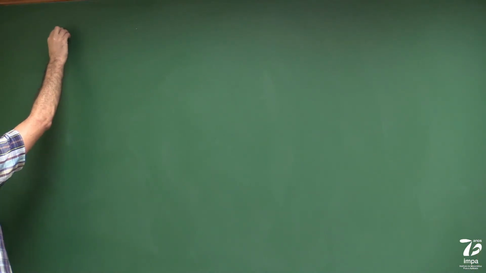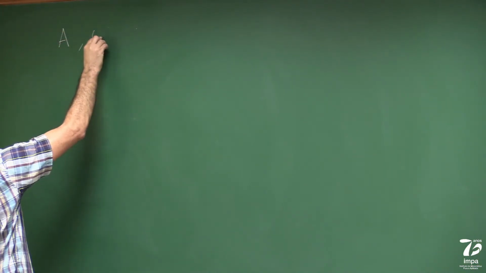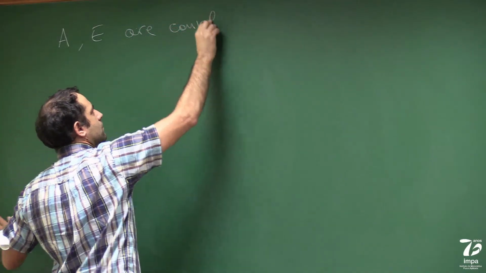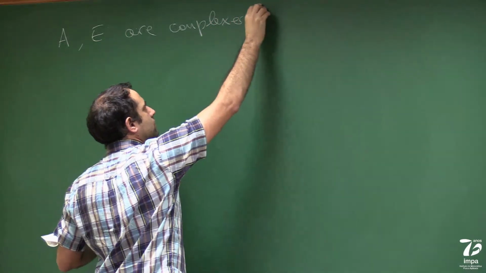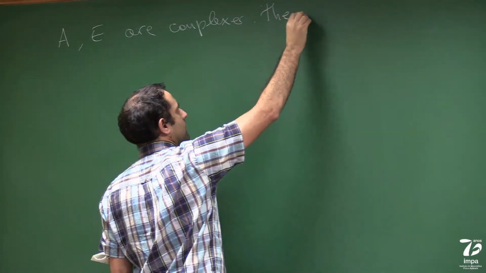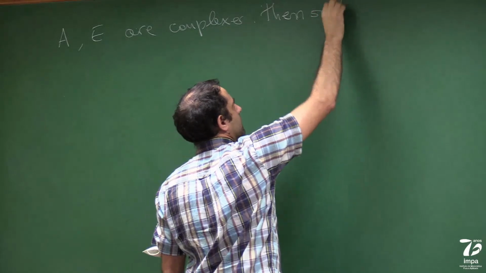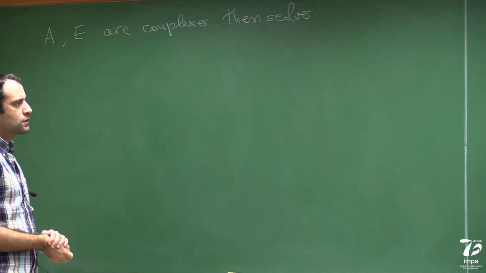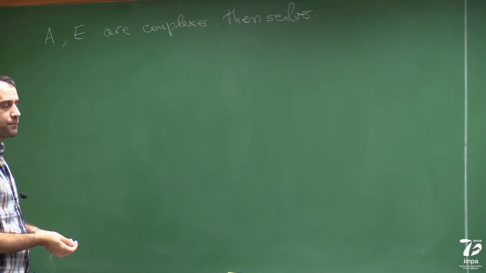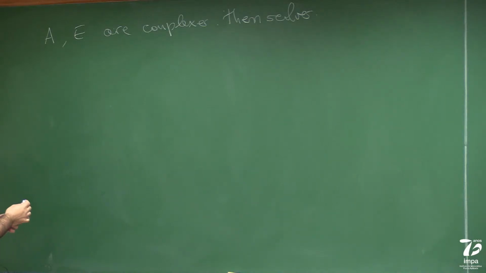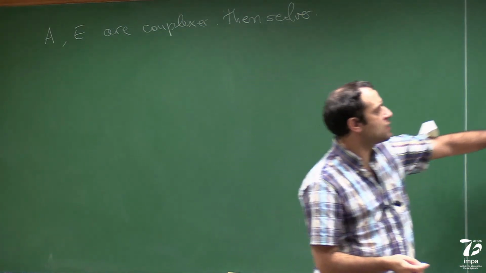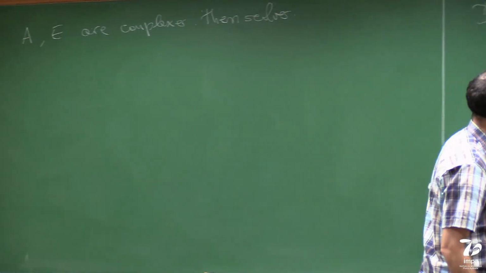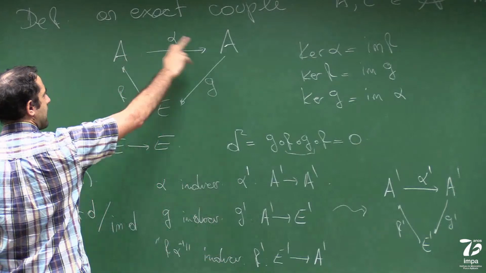Let's suppose now that A and E are complexes, so that they have a differential themselves. Because I constructed a differential on this E, well, actually, by applying this composition.